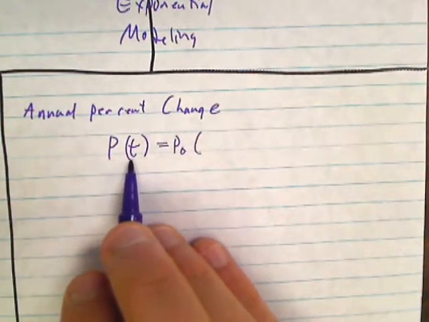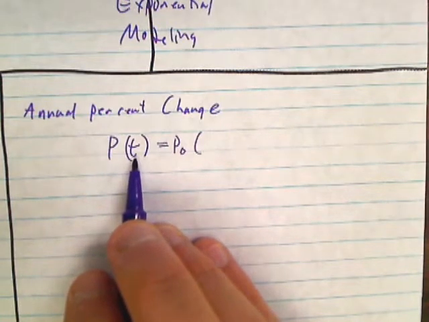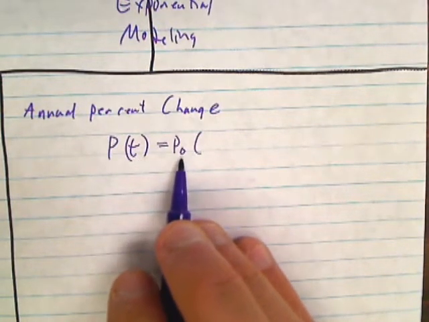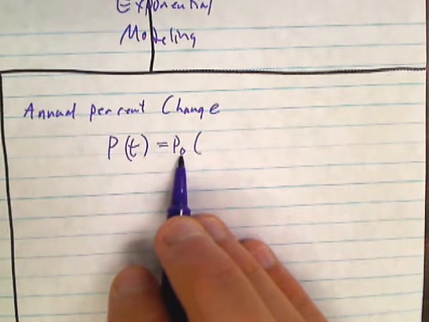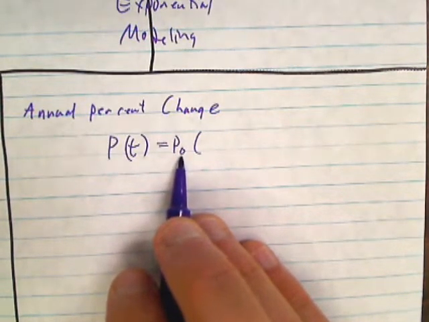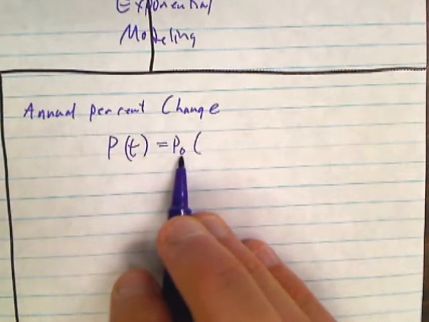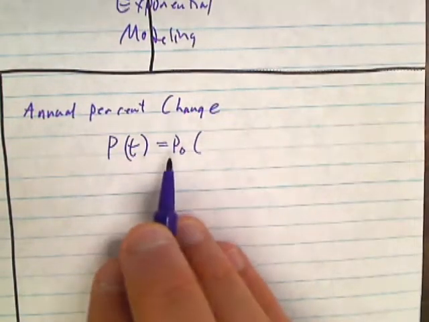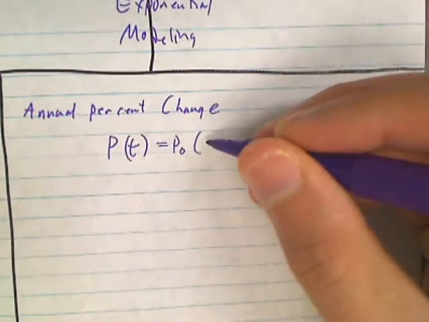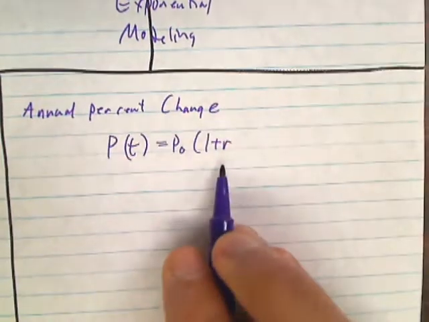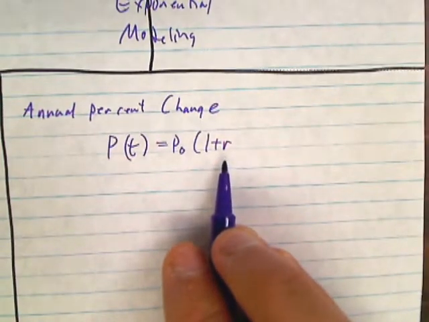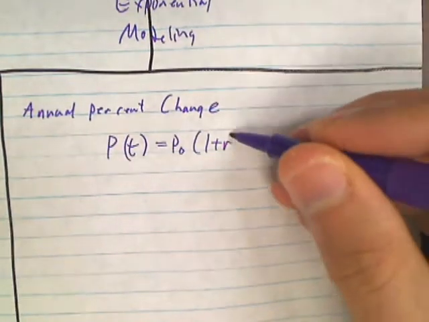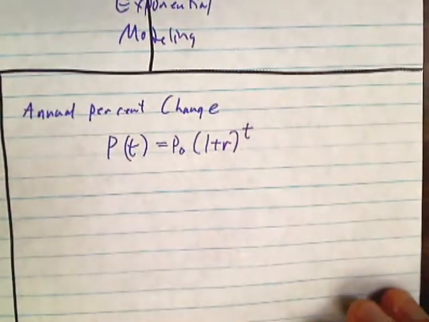So function P of t, time is changing, so things will change. P sub 0, or P naught, N-A-U-G-H-T, it's not N-O-T. It's that old English word that means 0. So that's the initial population, times 1 plus r, where r is the rate as a decimal, to the t power.